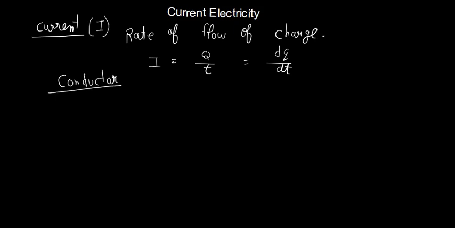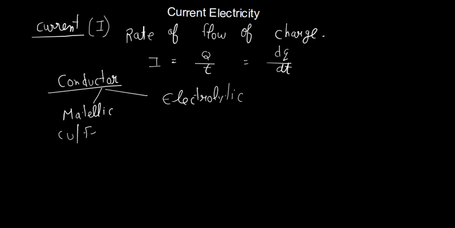So charge flows in various materials called conductors, which allow current to flow. Conductors are simply classified into two types. The first are metallic conductors, and the second are electrolytic conductors.